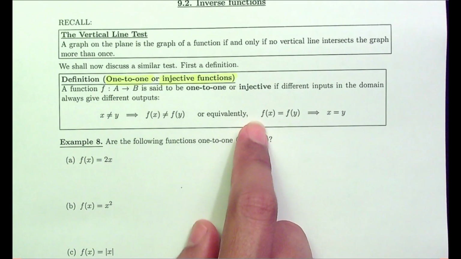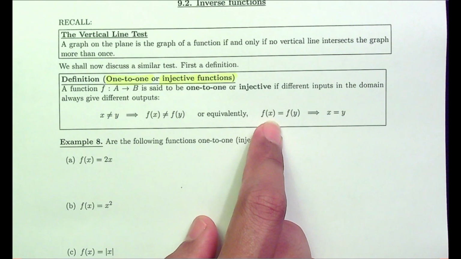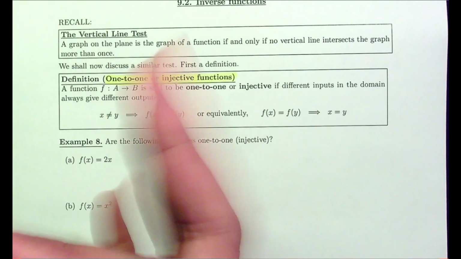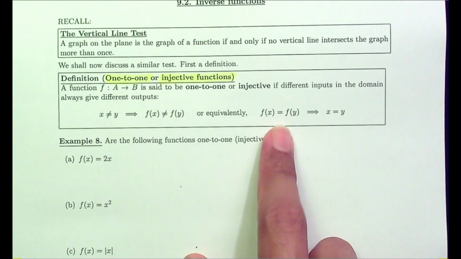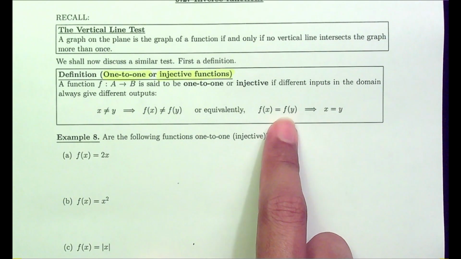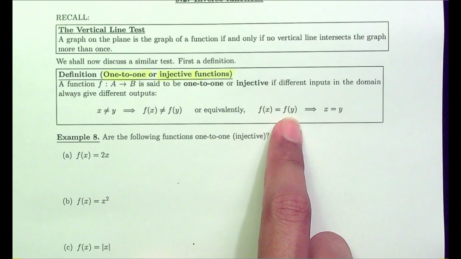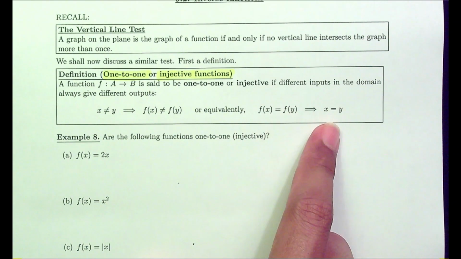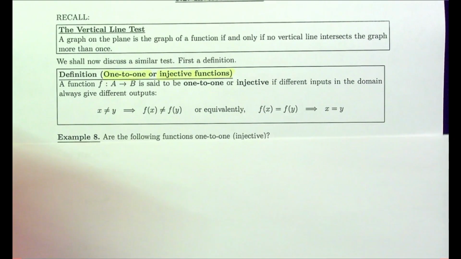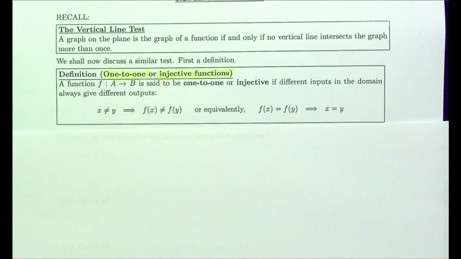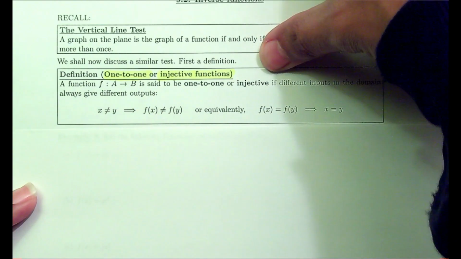Or in other words, using the contrapositive, which is a logical way of rephrasing statements equivalently: if you start with two outputs that are exactly the same, that means the inputs must have been the same.